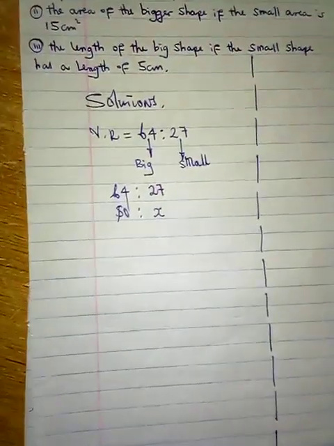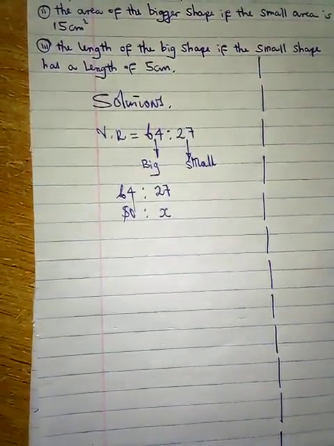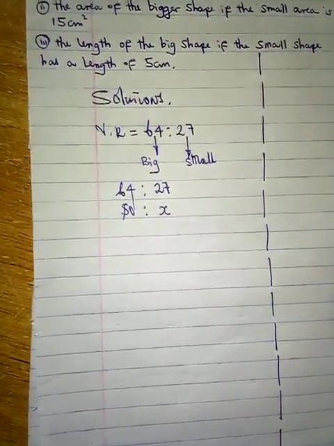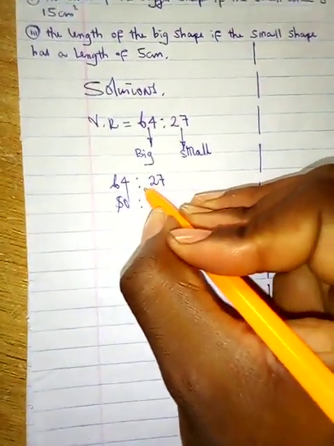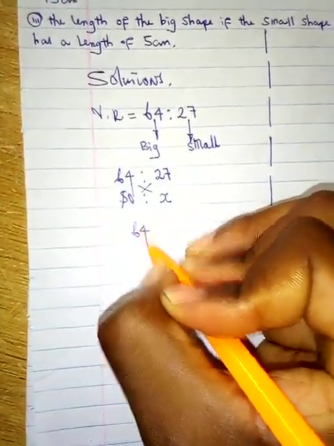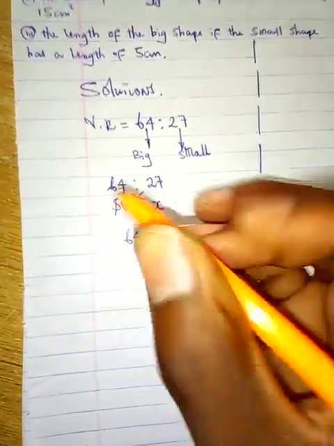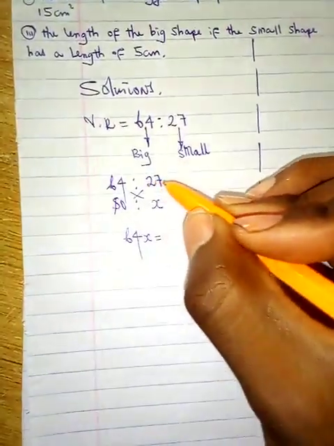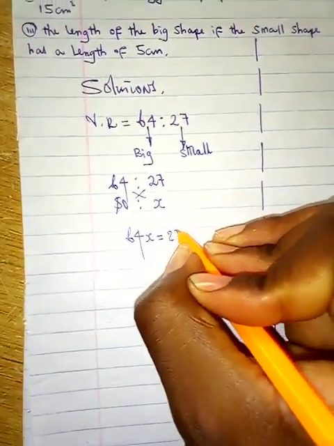Definitely here, what we can do is cross multiply. This is just going to be 64 times x, which is 64x. And then this is going to be 27 multiplied by 80.